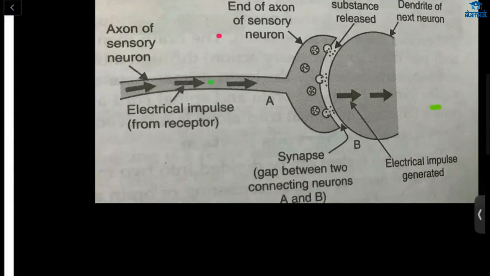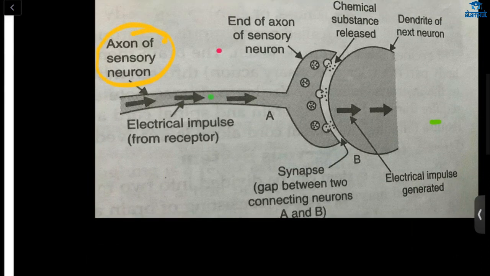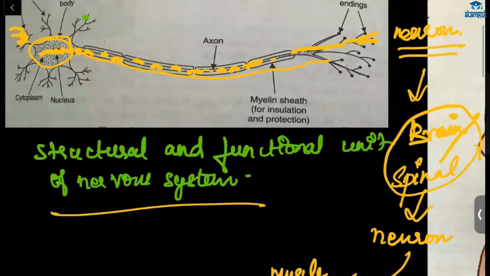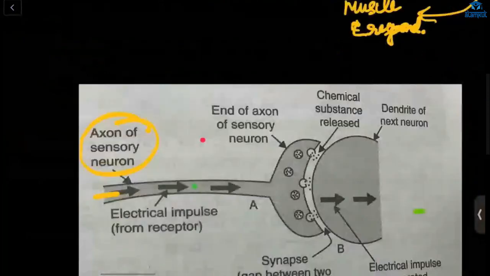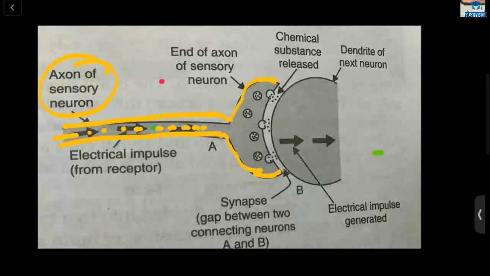Now you see here, this is the axon of the neuron. From the receptors the electrical impulse will come, and at the ending of the axon a chemical substance forms, called a neurotransmitter.